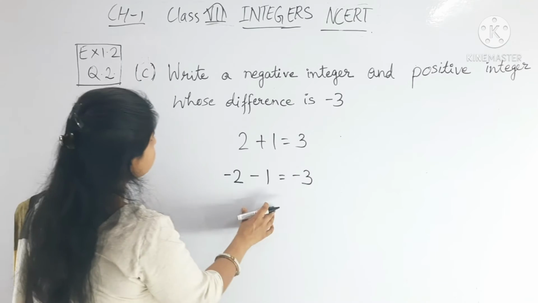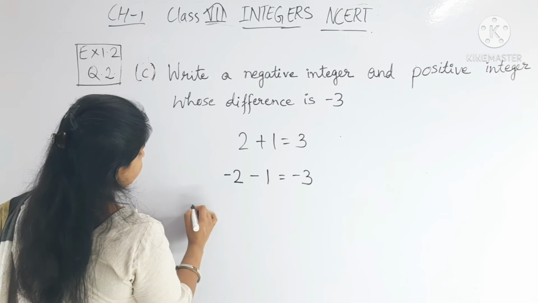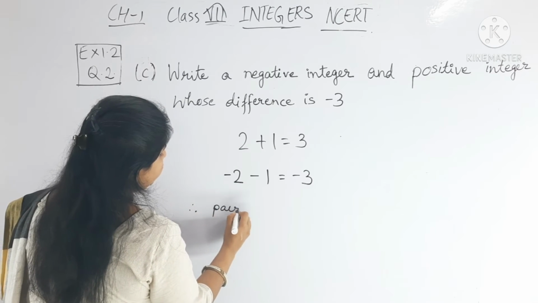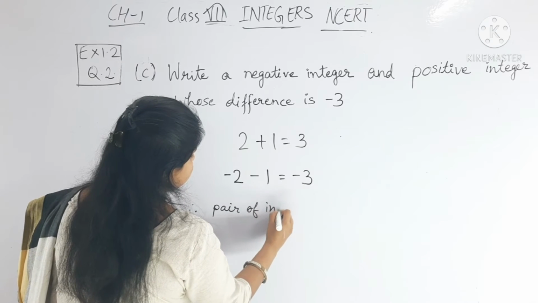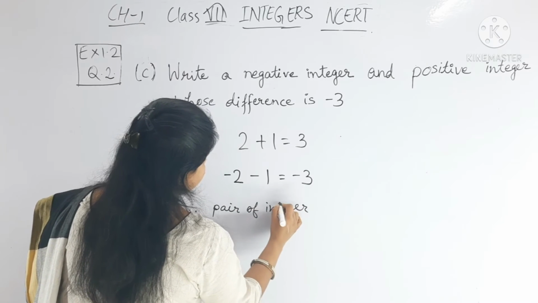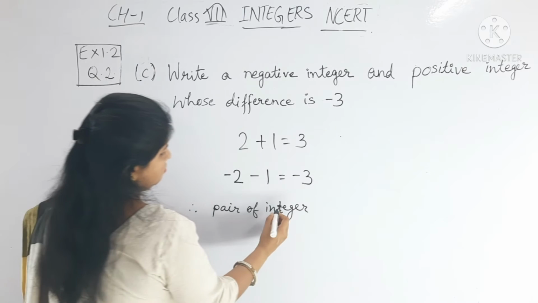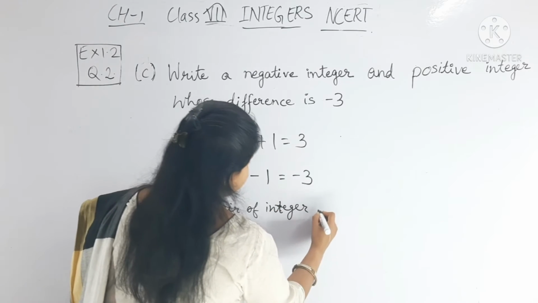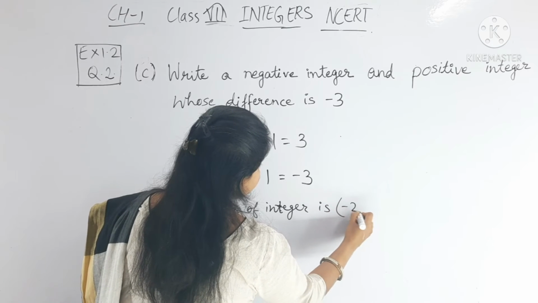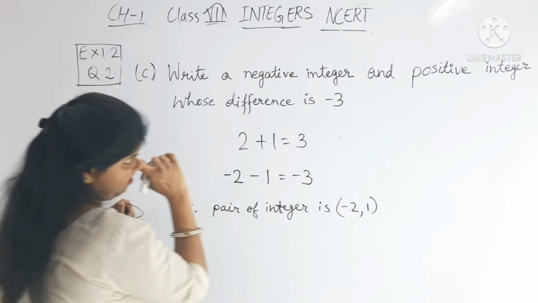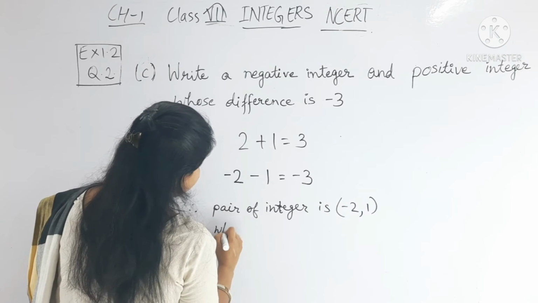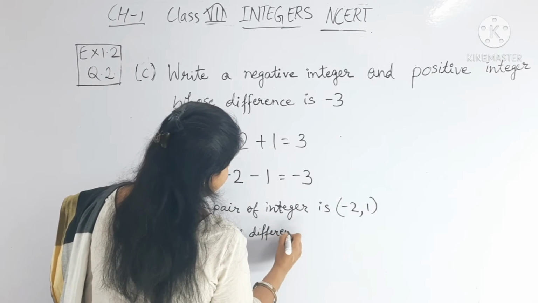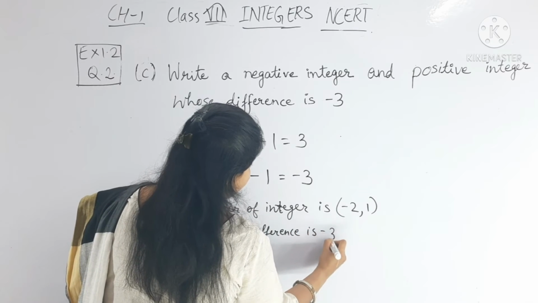So therefore the pair of integers is -2, 1 whose difference is -3.